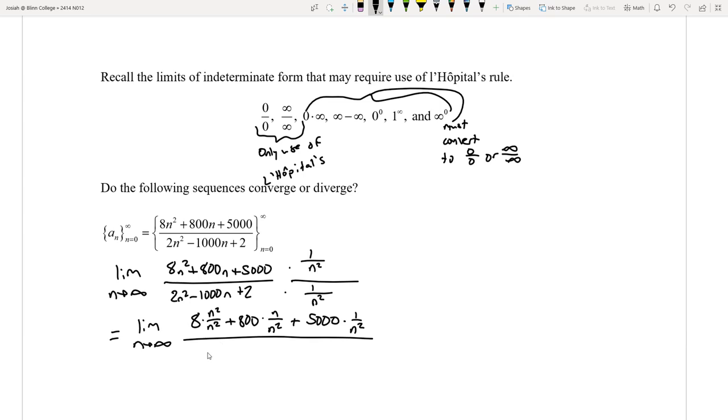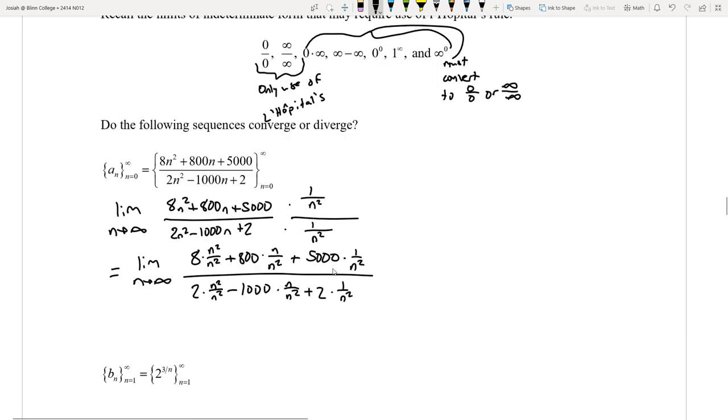In the denominator, 2 times n squared over n squared minus 1,000 times n over n squared plus 2 times 1 over n squared.